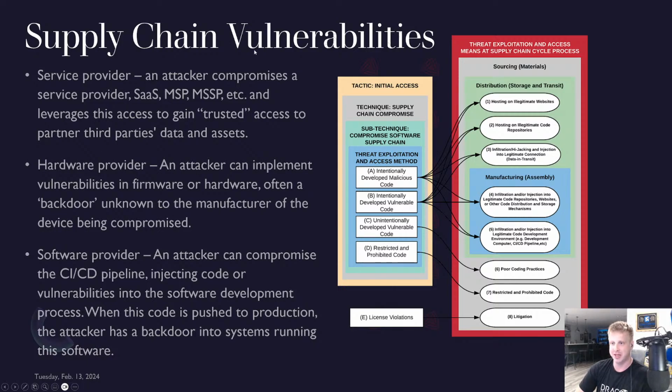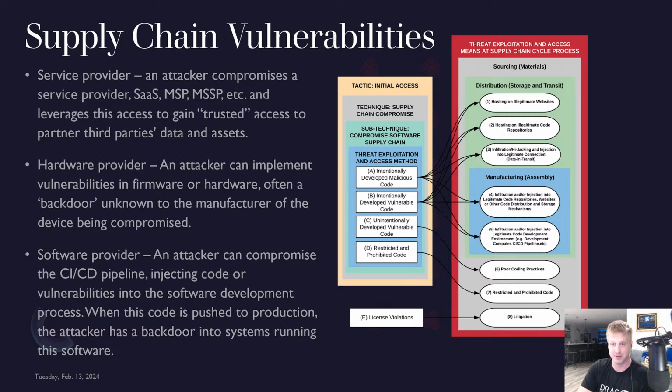Supply chain vulnerabilities. This one's always interesting to me, and it is essentially where you buy X, Y, or Z. So whether you're buying services, hardware, or software, attackers can get a foothold anywhere along the line, from the chips being made for your hardware to the software.